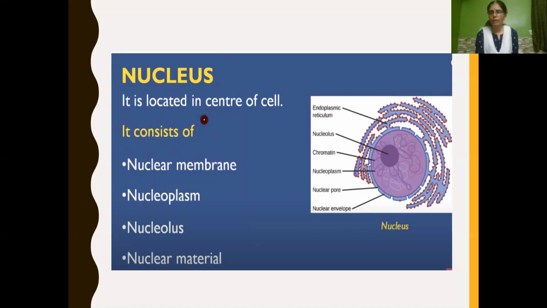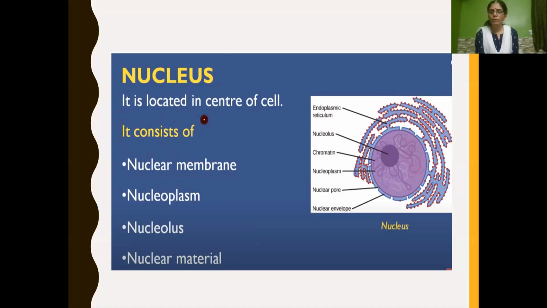The nuclear membrane, or you can call it the nuclear envelope, is the covering. You can see that it has pores. It is not a continuous envelope covering; it has small pores around it. You can see in the figure, this is called a nuclear pore.